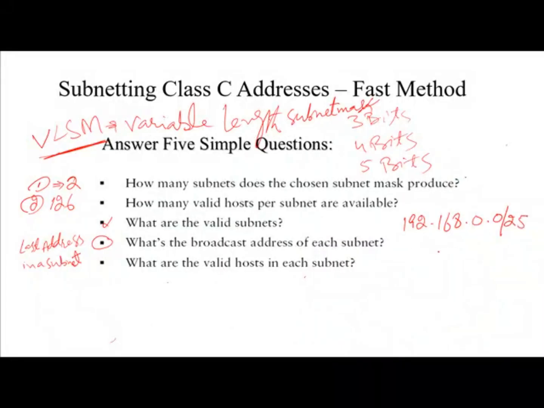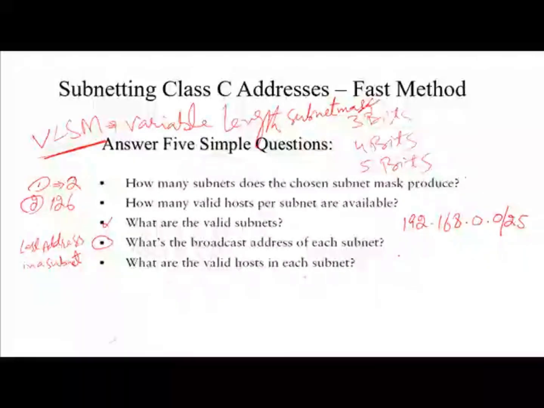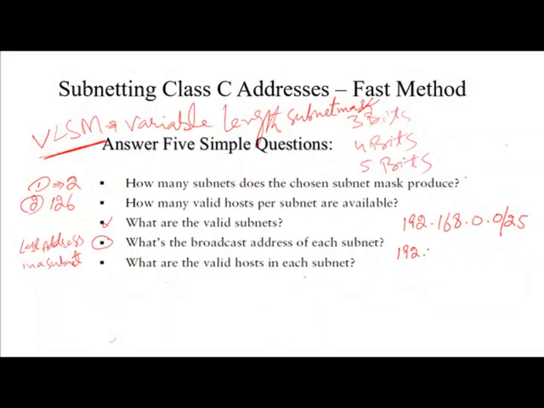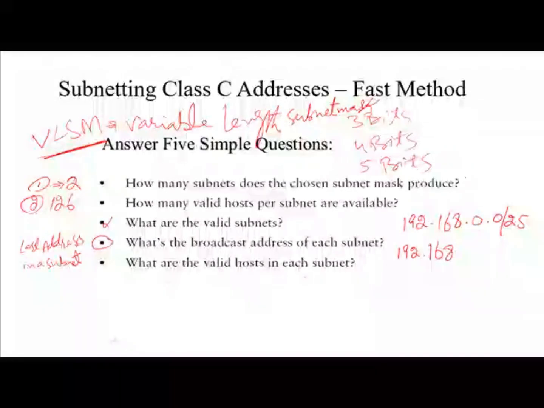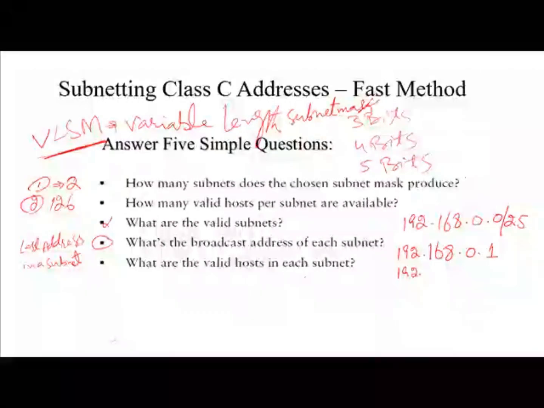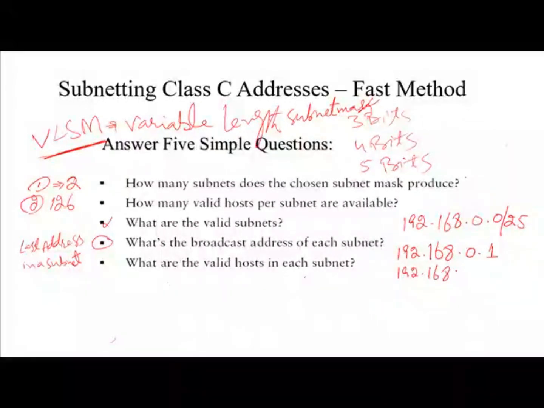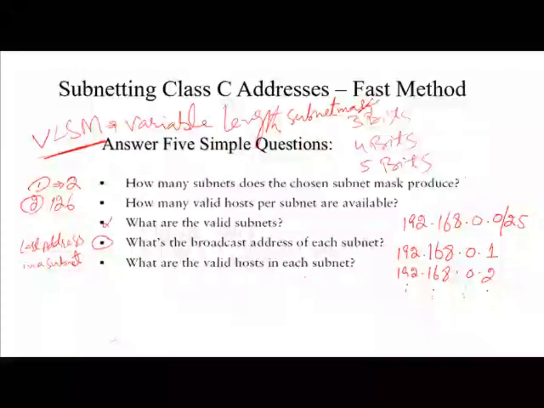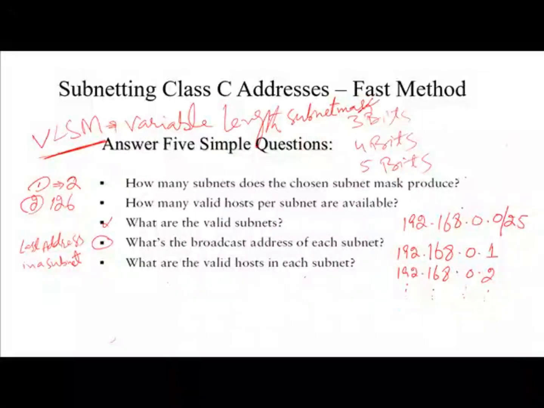So the first address that can be assigned to a computer is 192.168.0.1, and then the second address is 192.168.0.2, and so on. How many assignable addresses can we have?